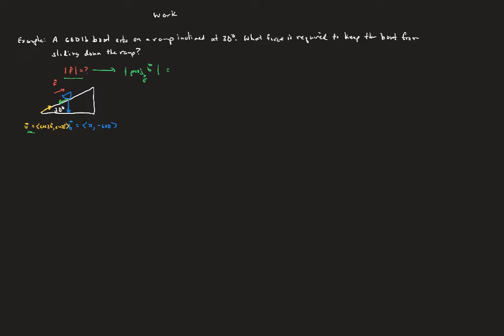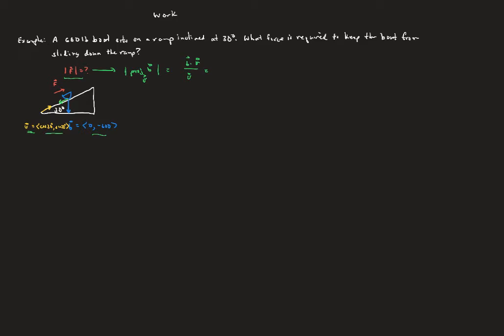In general, the projection is going to be B dotted with V over the magnitude of V. And so our boat vector, the weight of that thing, is 0, negative 600. And our V vector is going to be right here.